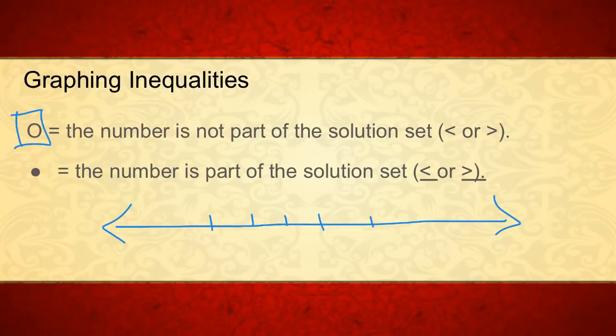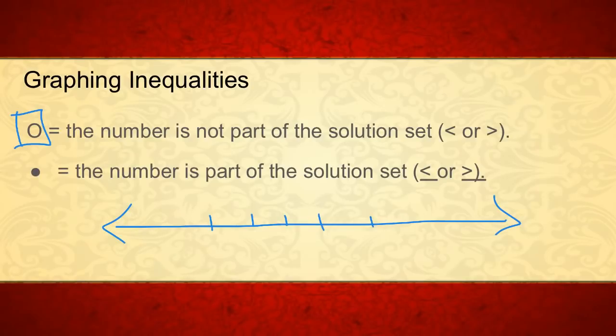And so let's say that your answer was something is less than 5. It doesn't equal 5, so that's sort of like a barrier. It's an open circle around 5. And then we would color in, since I said less than, everything that's less than 5 but not including 5. So your open circle would deal with if you have a less than or a greater than.